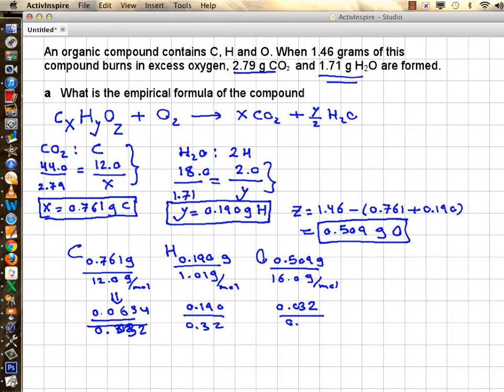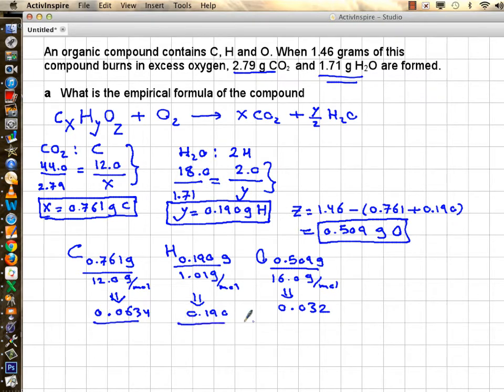Let me just clear this and do it one more time, slightly nicer than this. So this is 0.0634, 0.190, and this was 0.032. Divide all of them by 0.032.